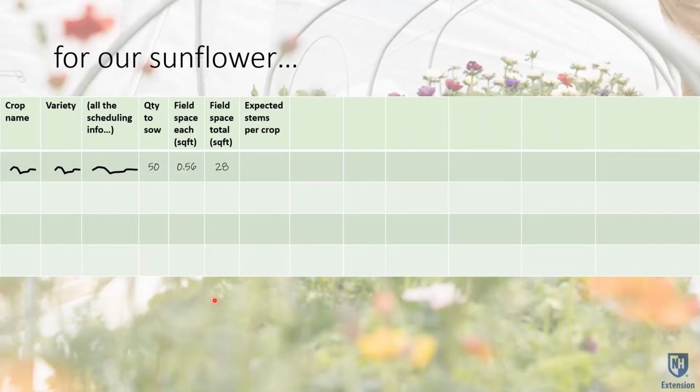The next thing I want to do, because we have to account for shrink, right? If we're going to sow and plant 50 of these, we have to pay for 50, and we have to take the space required for 50. But reality is we might not get 50 out of there, right? And so your experience is going to give you some sense of, in that whole crop, how many are you actually going to be able to bring to market, and not just bring to market, but sell at market, right?